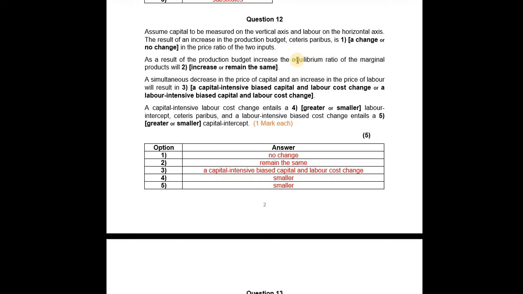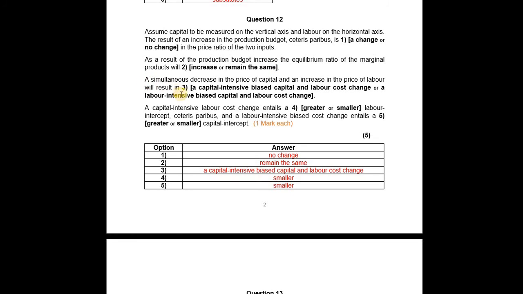Remember, we get the equilibrium ratio through the price ratios. Since now price ratio is not affected, then therefore the equilibrium ratio is also not going to be affected, meaning that in this point it will remain the same. The marginal product will remain the same.